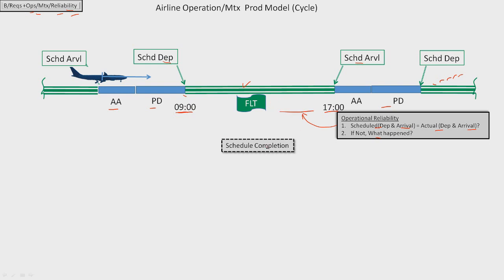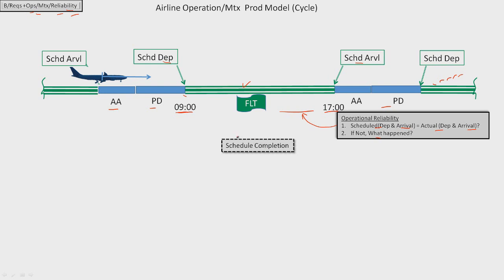Exactly this item, schedule completion, is the connection point, or bridge, whatever you like, between business requirements on one side and the operation, maintenance, safety, reliability system on the other side.